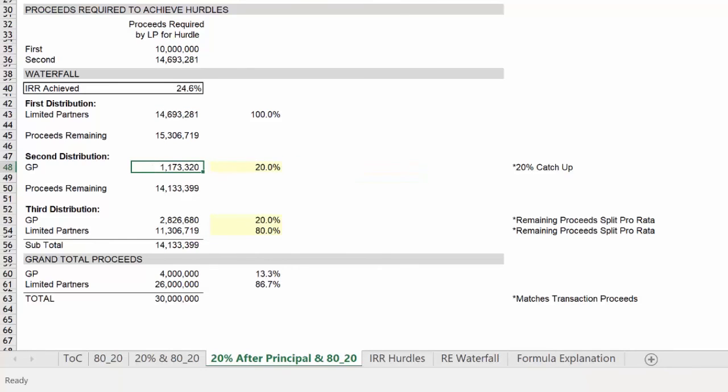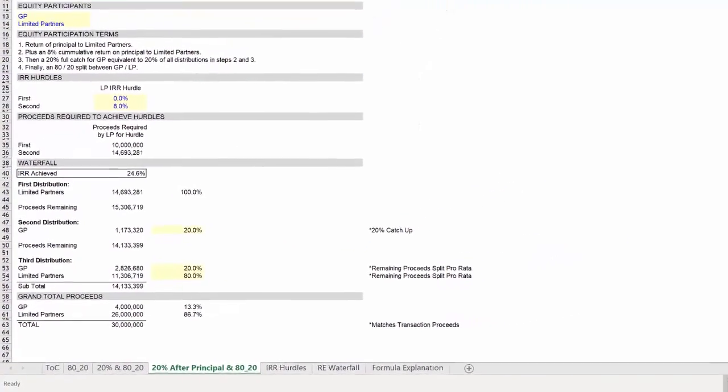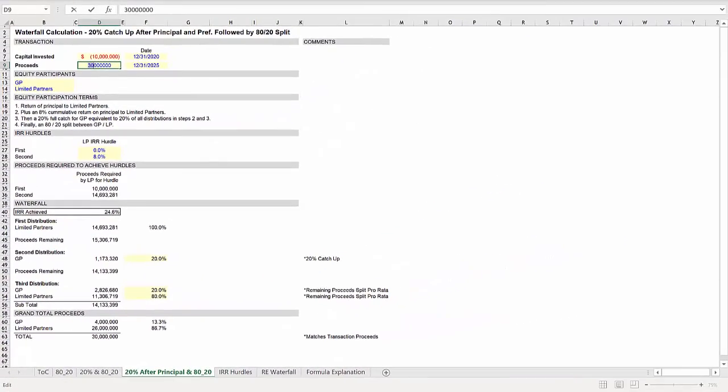And as a final item, let's take a quick look at why we include all of these min-max functions. If the proceeds had been $15 million instead of $30 million, then you'll see that the waterfall falls short of the third distribution, and that the second distribution is only equivalent to the proceeds remaining, because we don't have enough proceeds for the entire catch-up.